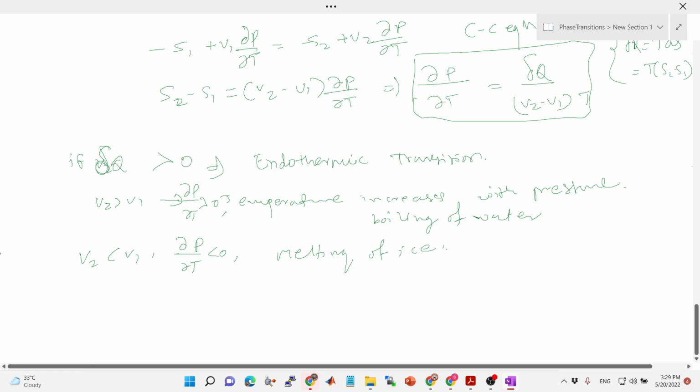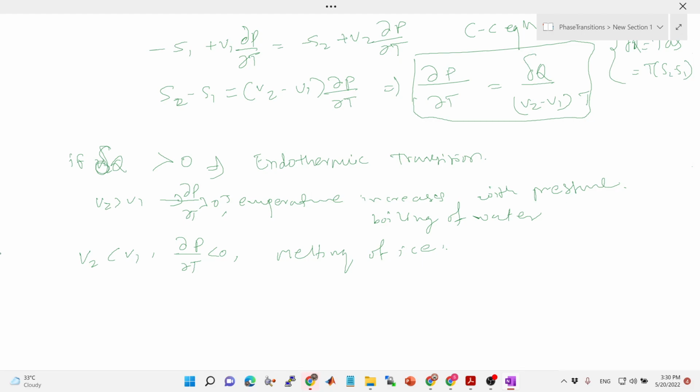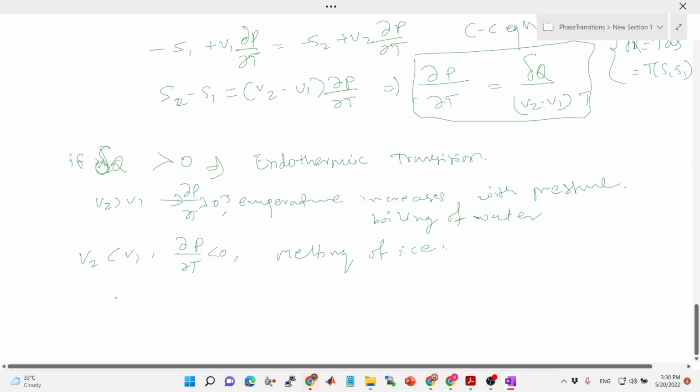So we basically need the pressure-temperature relation. We should have the pressure in terms of the temperature. What can be the expression for this?